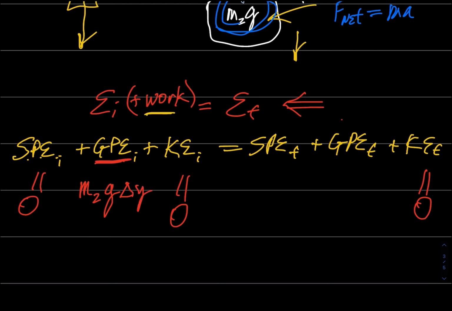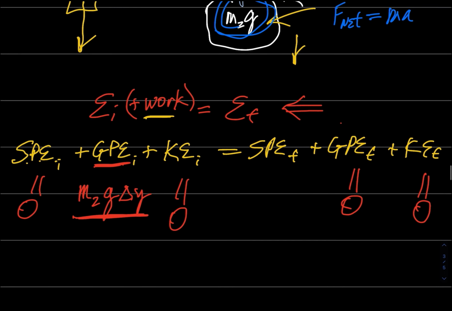That's how far it moves before it stops. That's what they wanted to know. How far did it move before it stops? The gravitational potential energy when it stops is 0. We lost m2 g delta y of gravitational potential energy as the mass descended.